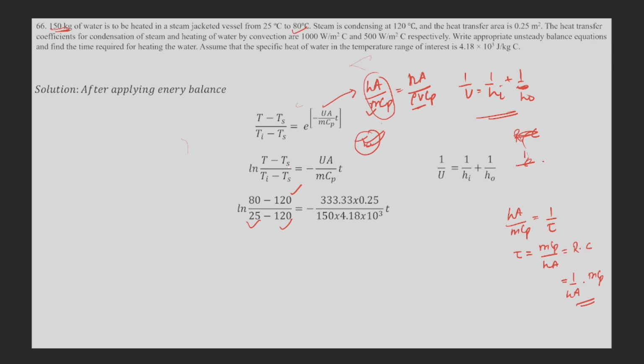So Ts is the temperature of the atmosphere, that means the steam. After putting all the values, we will get T equal to this. So it is a straightforward question, just formula based. If you have basic concepts and good command on heat transfer, there is no problem in solving these types of questions.